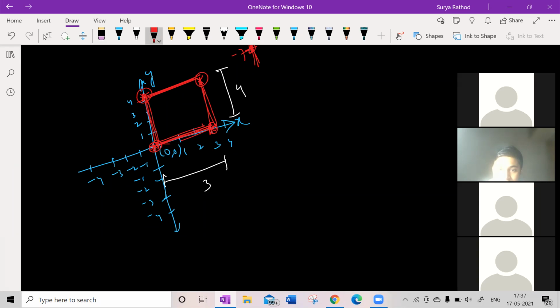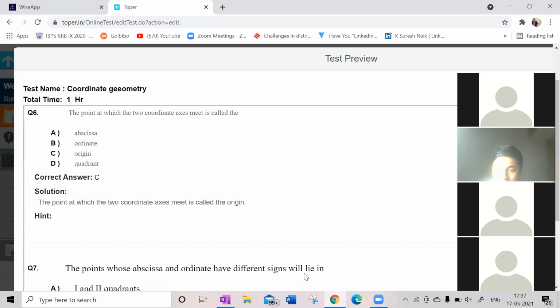Whatever coordinates have been given in the question, as per those coordinates you must draw the diagram. That is the concept. Getting my point? If you tilt the diagram, the coordinates are going to change, then your answer is also going to change. As simple as that. Clear? Yes, sir. Next question.